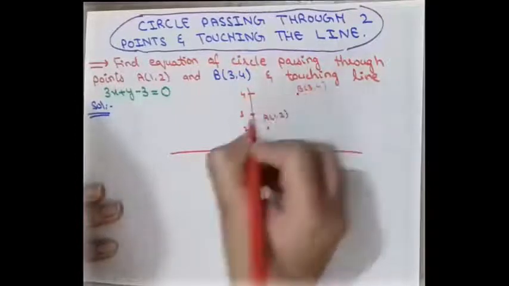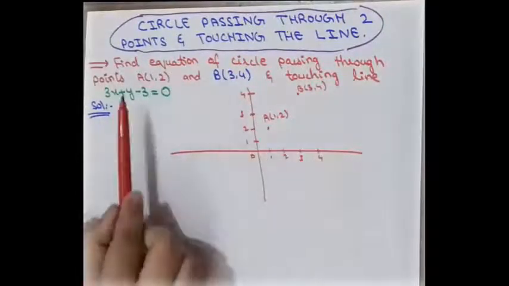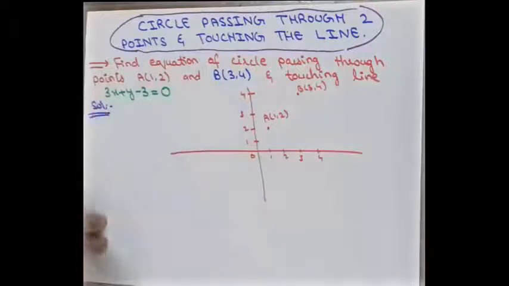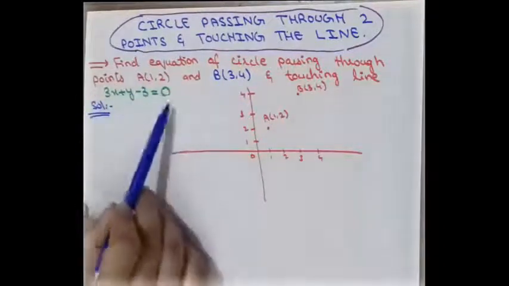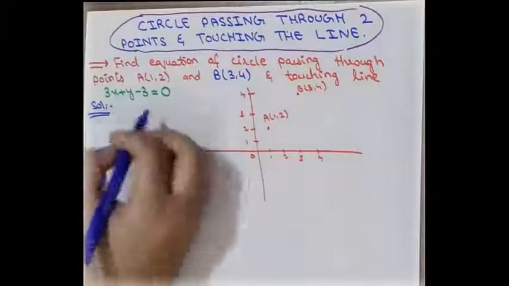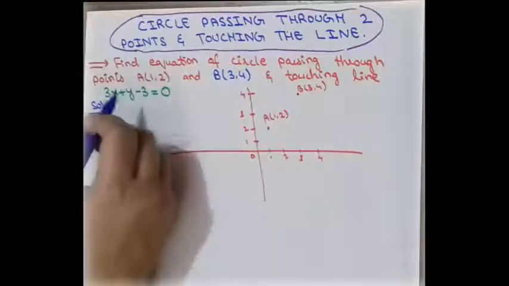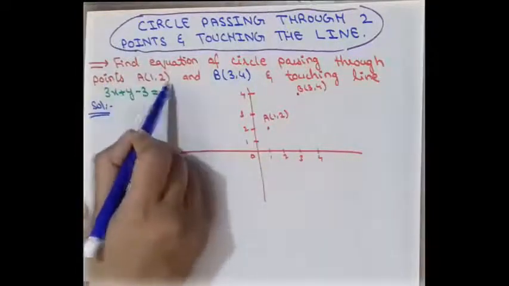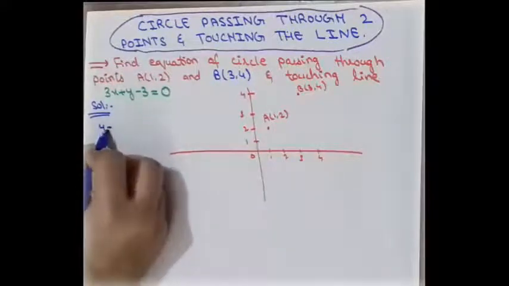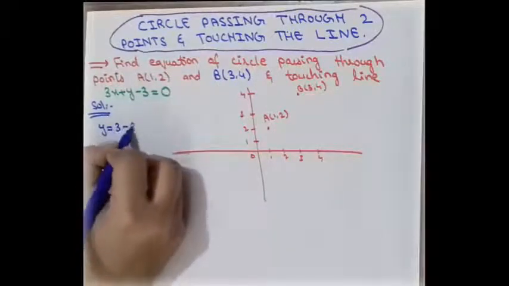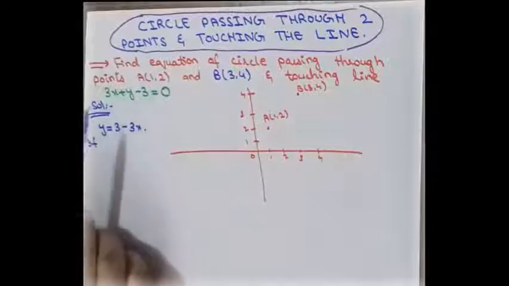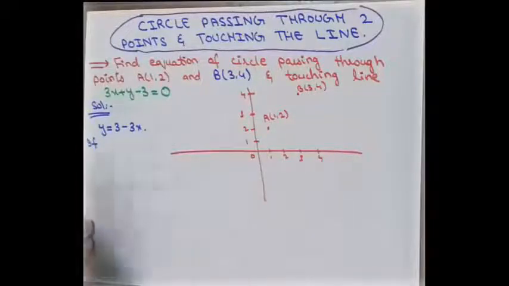So we have these two points, and we are given the equation of a line. For plotting the equation of the line on a graph, first of all we have to find the intercepts. The given equation of the line is y equals 3 minus 3x. If we take two points on it, then we can plot it on a graph.